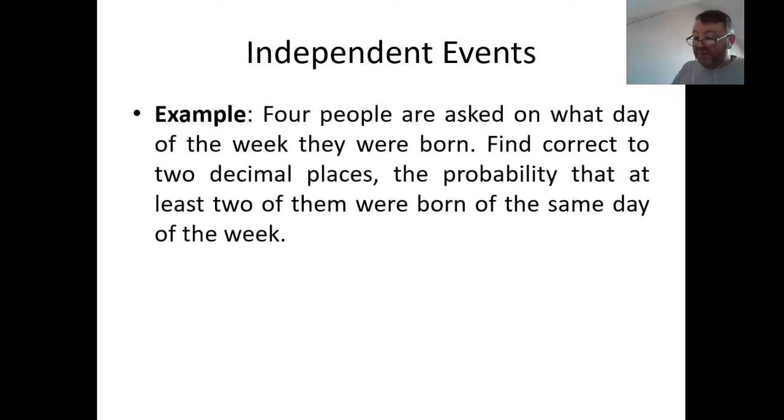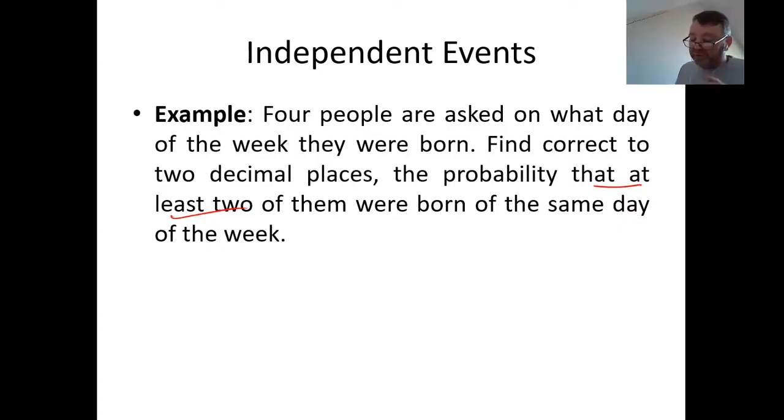Example: 4 people are asked on what day of the week they were born. Find, correct to 2 decimal places, the probability that at least 2 of them were born on the same day of the week. Here we go again: at least 2 of them. What does that mean? 2 of them on the same day, 3 of them, or 4 of them on the same day. What's not allowed is that they were all born on different days.